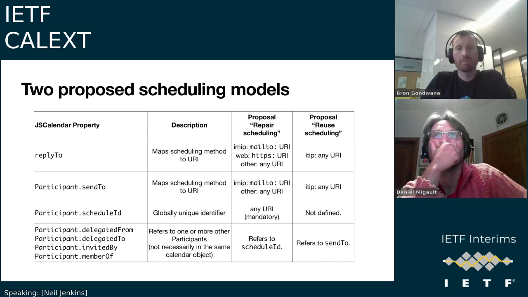Separately, that shouldn't be tied to saying you must have an IMIP kind of entry in the send to. You probably will for now, but it would be weird if one of those is different to the others, and you have to know that it's not. So that's one of the reasons I think that this model is much better than the reuse scheduling model.